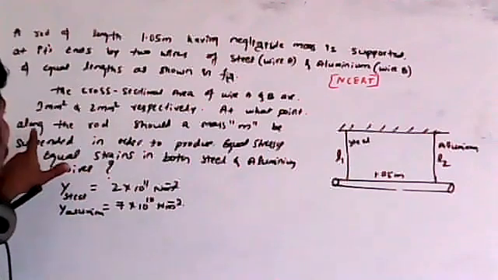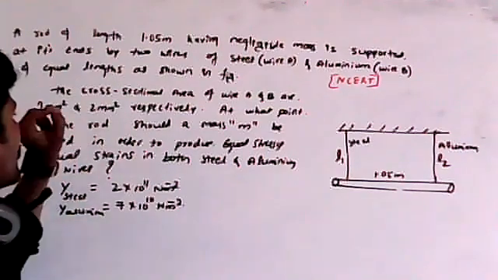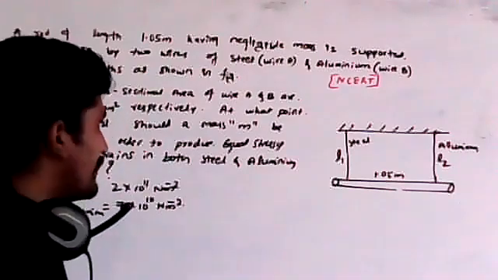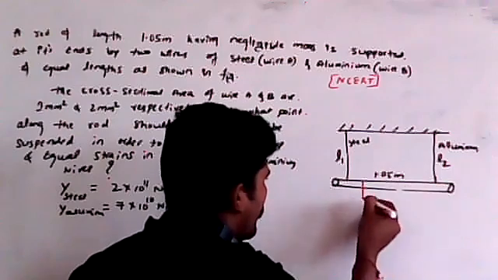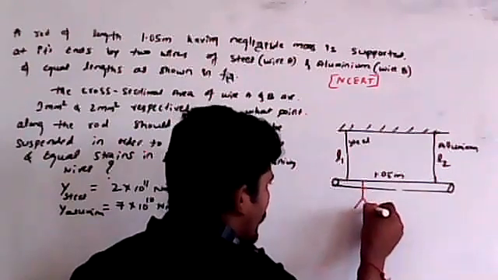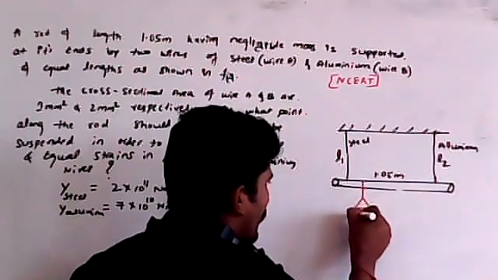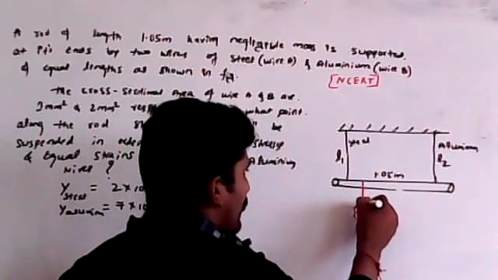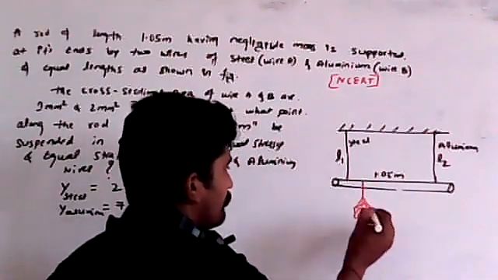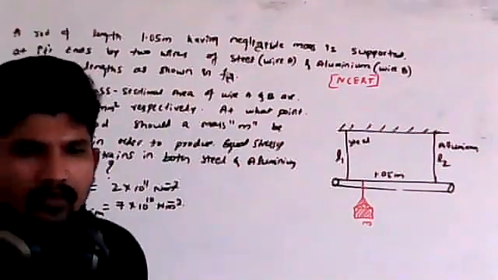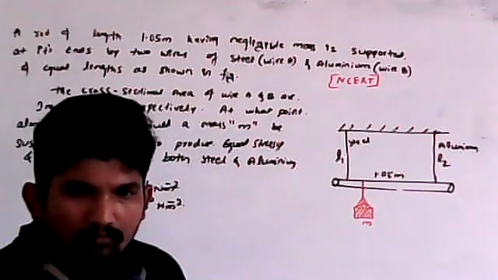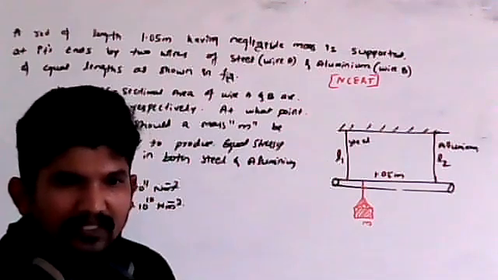Now, if I suspend some mass M somewhere here, you can take here or here, but I am taking here somewhere. I have suspended some mass M here.